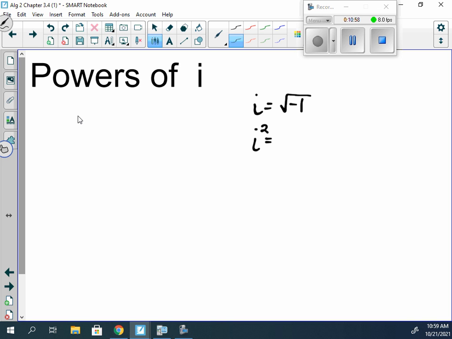Well, i squared would be the square root of -1 squared, which is just -1. The square root and square cancel out.